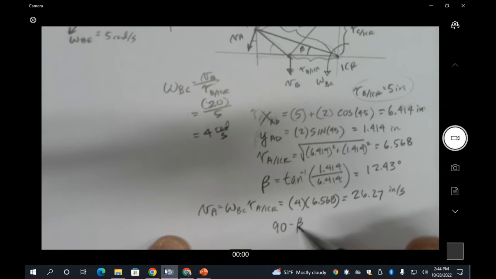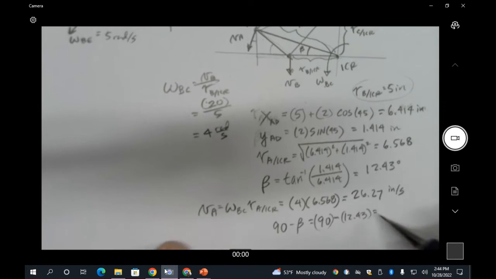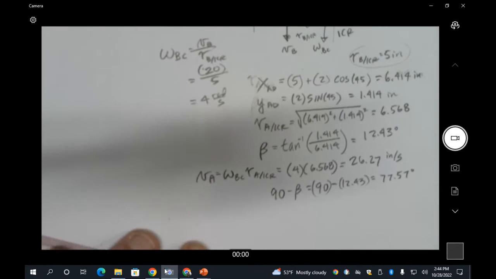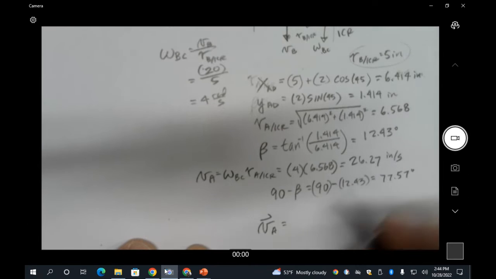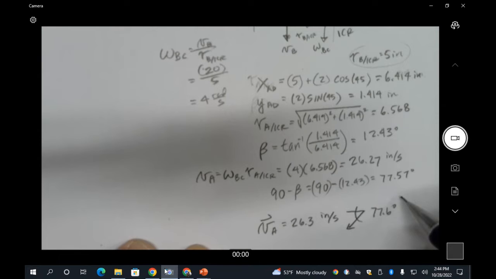Yep, 90 minus beta is going to be 90 minus 12.43. So that's 77.57 degrees. So when answering this properly, we're going to say the velocity of A is going to be 26.3 inches per second, and it's going to be in that quadrant right there at 77.6 degrees.